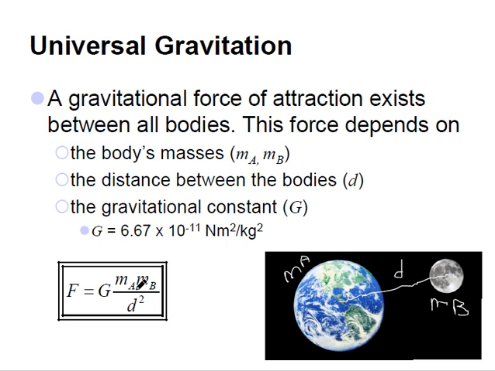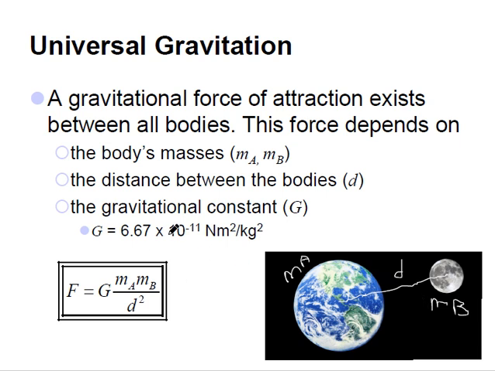Without this, you can't use the equal sign. With a constant of that value, you can measure the attractive force between the two bodies. So this is your formula for gravitational force: the gravitational constant, the two masses, and the distance between the two bodies.